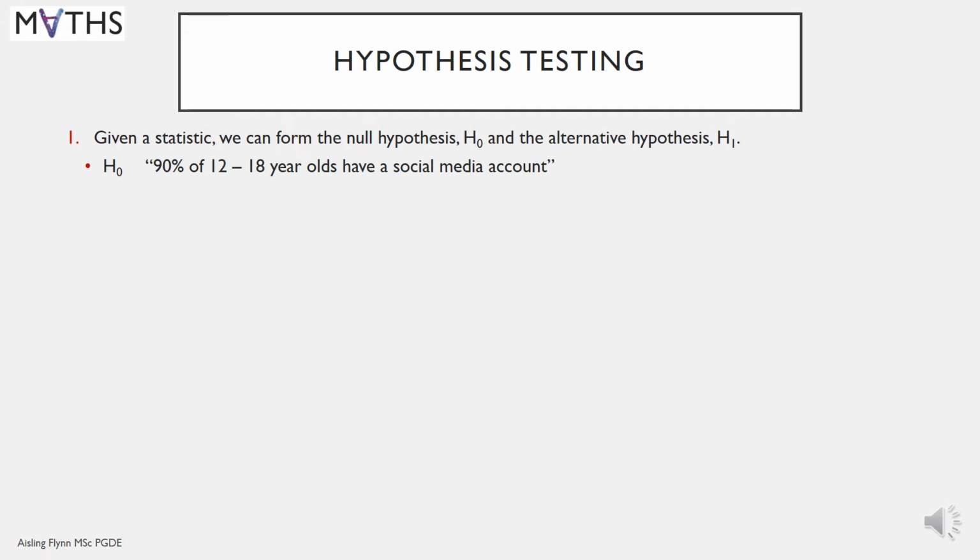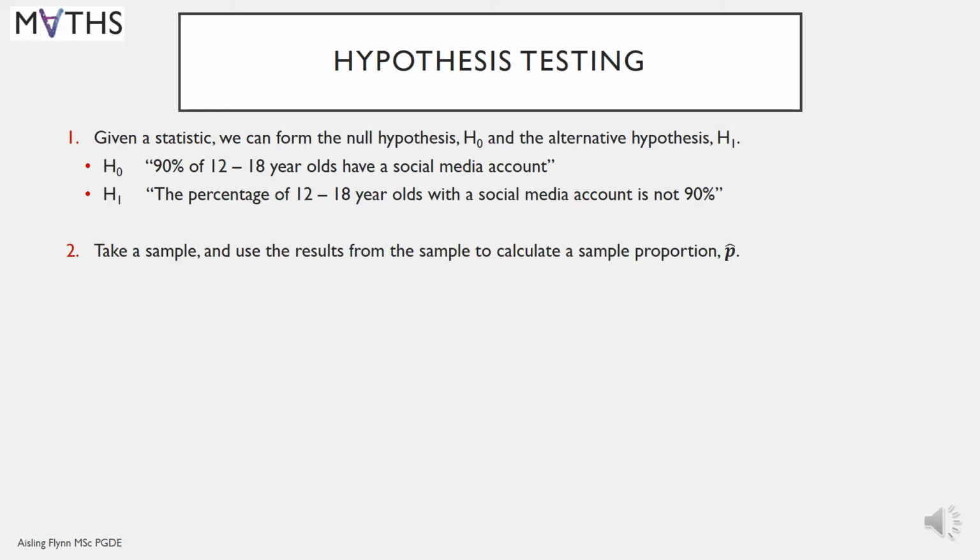In our example, H0 says 90% of 12 to 18-year-olds have a social media account. And H1 says that the percentage of 12 to 18-year-olds with a social media account is not 90%. What we do next is to take a sample, and we use results from the sample to calculate the sample proportion.